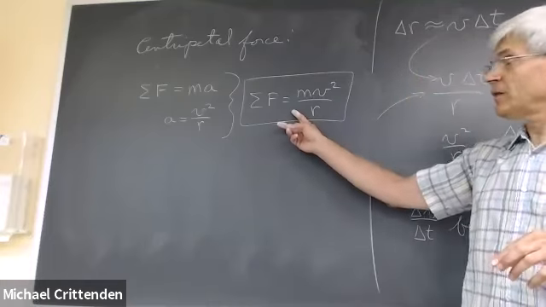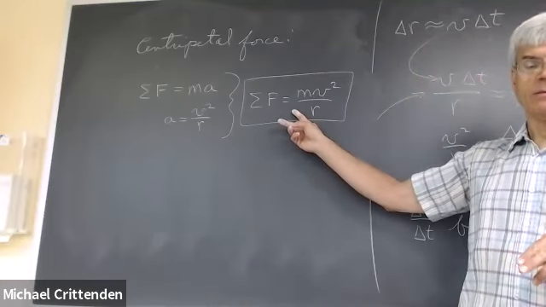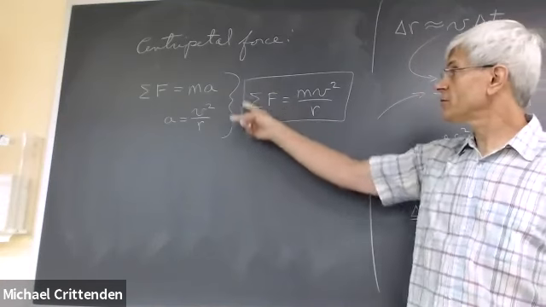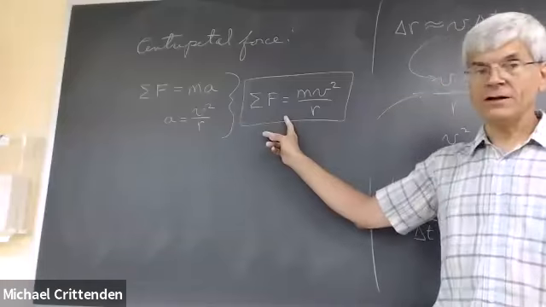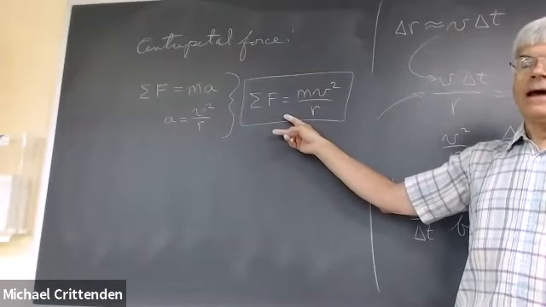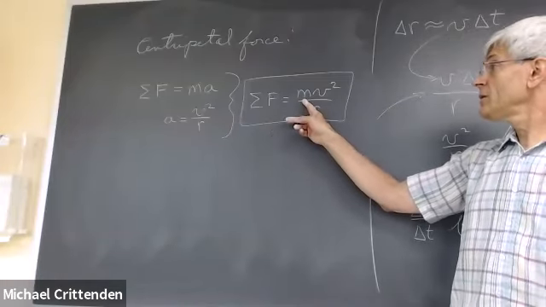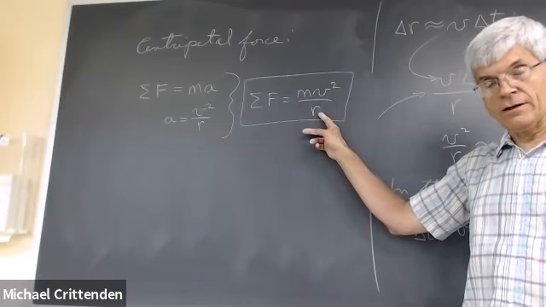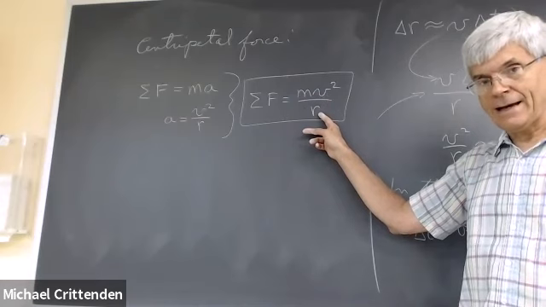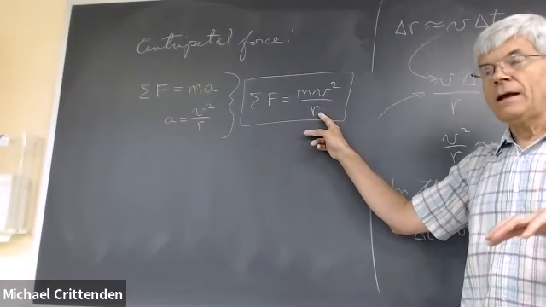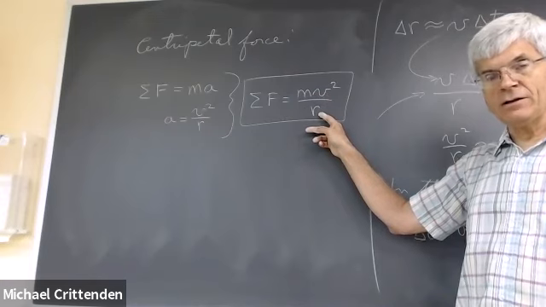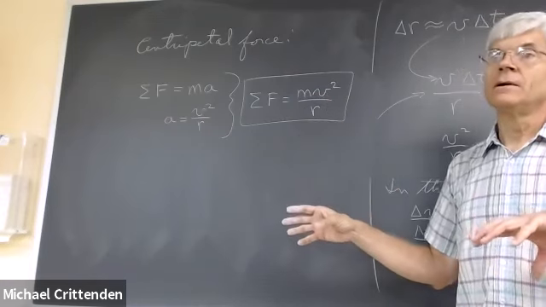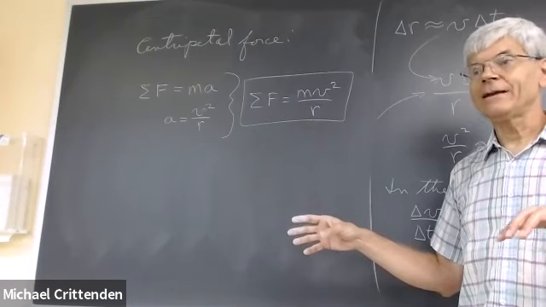So what this says is that force, which is not necessarily a single force, it's just the resultant of all the forces on your car, that net force has to equal mv squared over r for you to follow a circular arc. If the force is stronger than that, you would head toward the inside. I don't know where a stronger force would come from, unless you're intentionally steering in that direction.